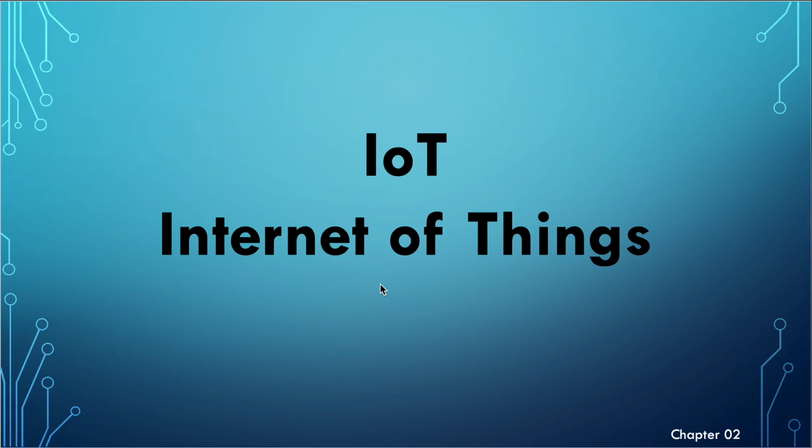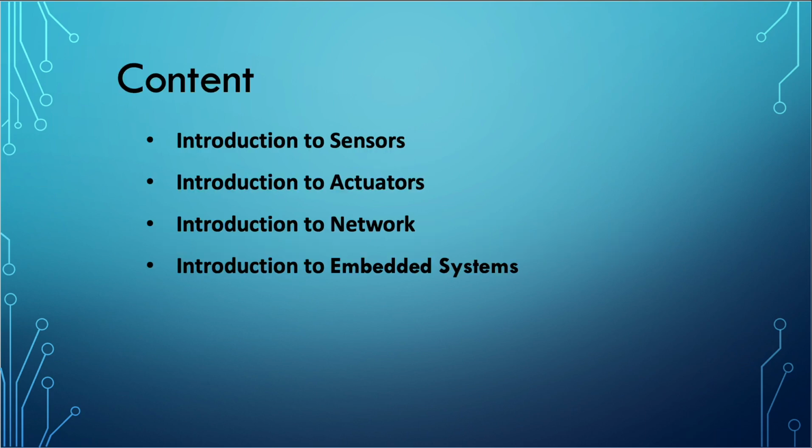Now, as we have looked into the architecture of IoT and the components of IoT, we will move to the next chapter. The next chapter in IoT, or Internet of Things, consists of the following content: introduction to sensors, introduction to actuators, introduction to network, introduction to embedded systems.